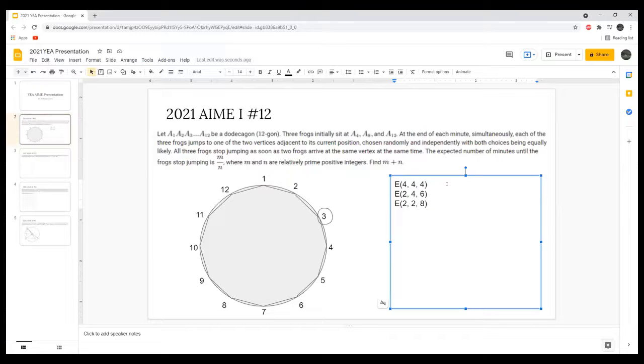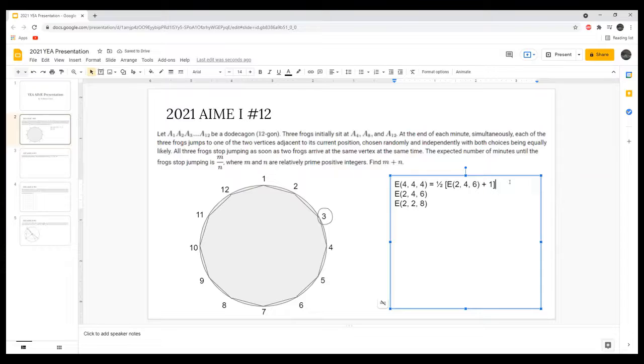So in the first case, the expected value of 4-4-4 equals 1/2 of the expected value of 2, 4, 6, and we need to add 1 because we already made one move to get to this configuration from this one. So that's half of the equation.